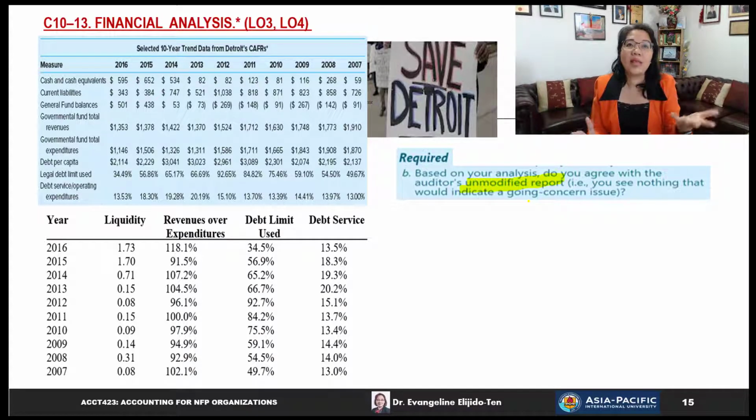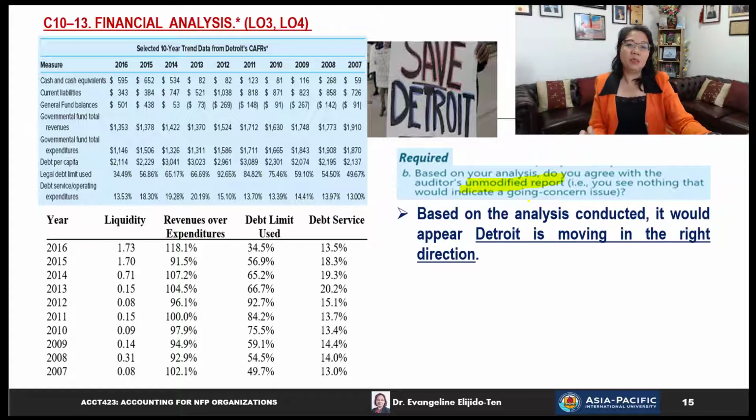So when there is a problem with going concern, then that means it is likely that the entity is not able to continue its operations, and therefore they are unable to be seen as a going concern. So the question is, do you see nothing that would indicate a going concern problem?